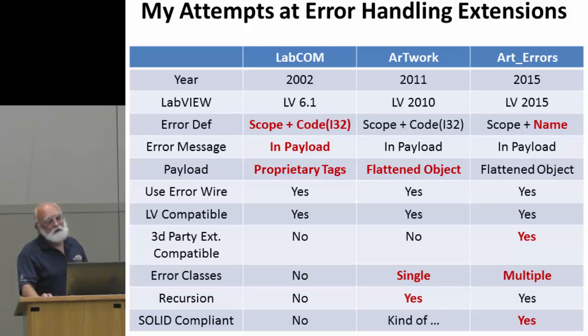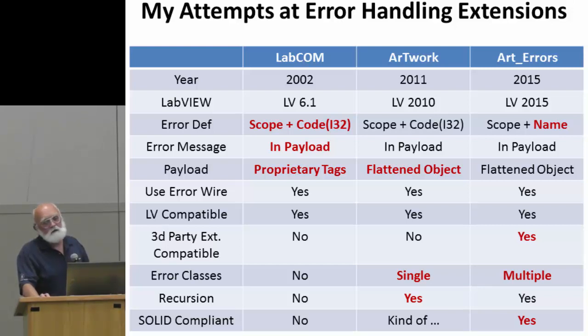And instead of proprietary tags and encoding for payload, I started passing the flattened object. That's the major step. There was a single error class that was defined that was not extensible. And there was recursion in LabVIEW 2010 as opposed to 6.1, which made error handling easier because in error handling you have to handle internal errors and you don't want to write a completely similar layer of code to do internals. So that made it leaner.